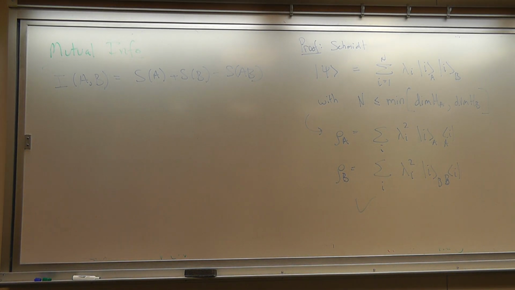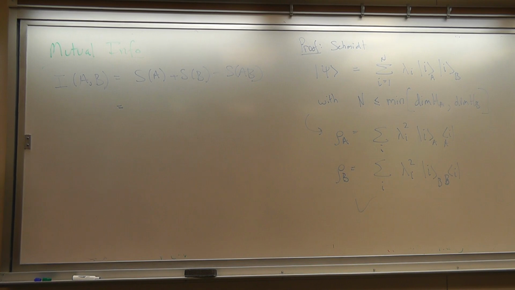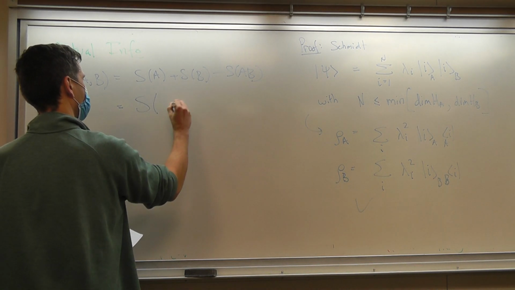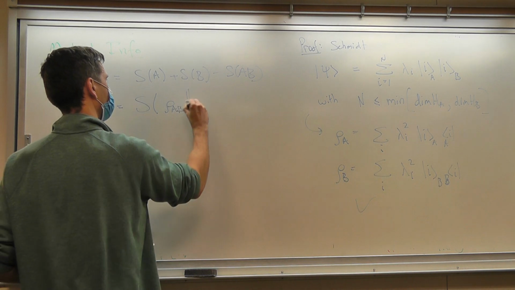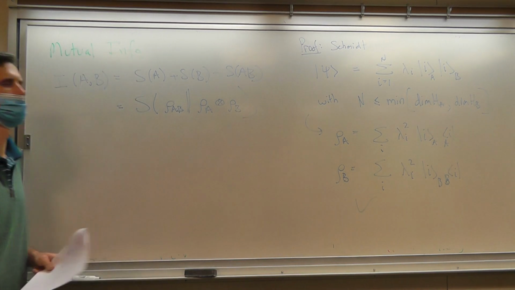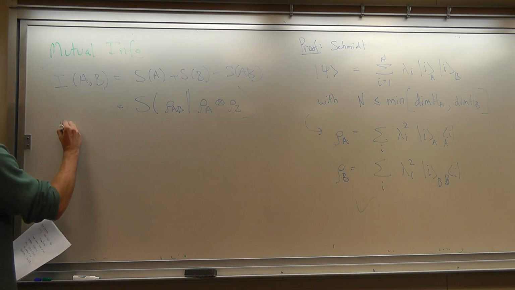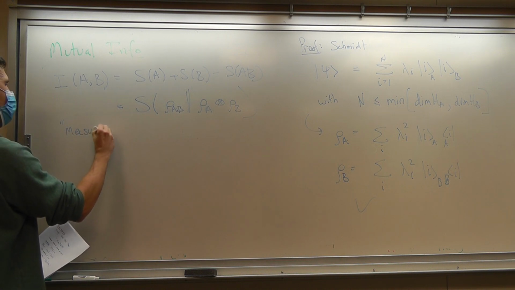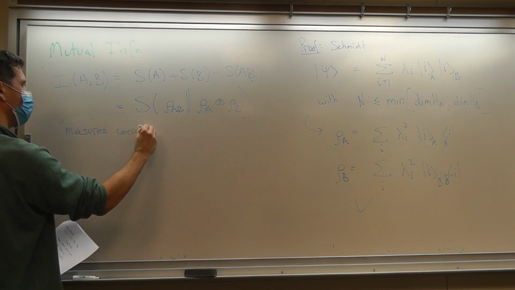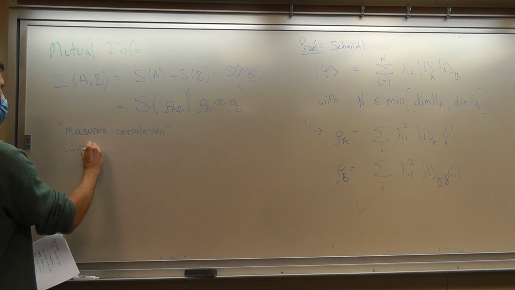And if you go through the definition of relative entropy, you can also write this as S of rho AB with respect to rho A times rho B. The mutual information measures correlation between the two subsystems. It measures both classical and quantum correlation.